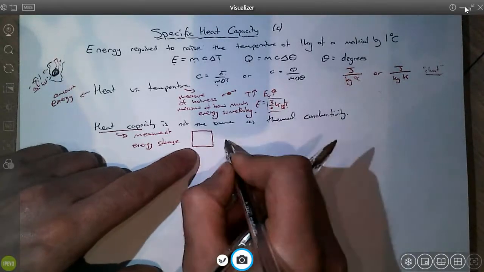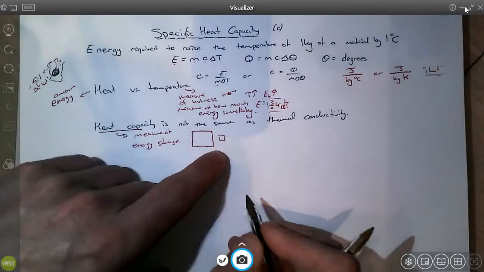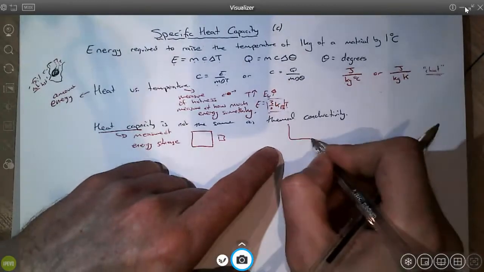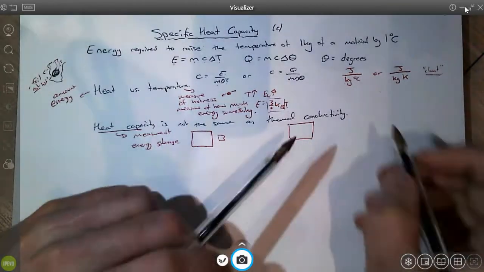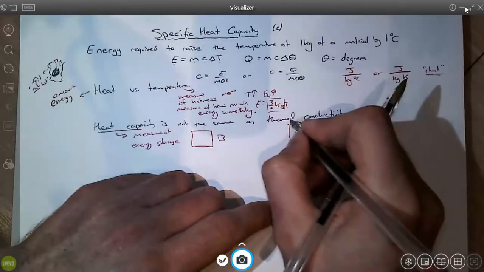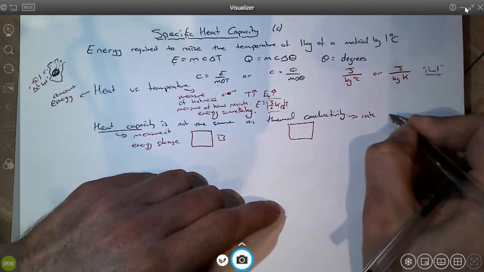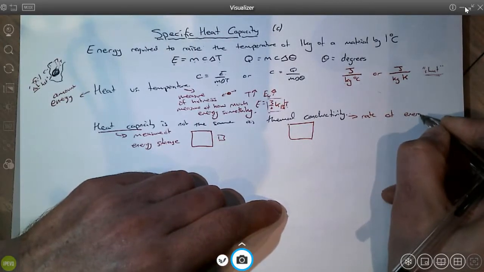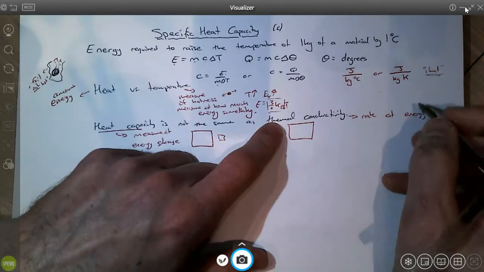Does it store a lot of energy? Does it store a little amount of energy? Whereas thermal conductivity is the rate of energy transfer. And this appears in the Year 9 energy topic as well.